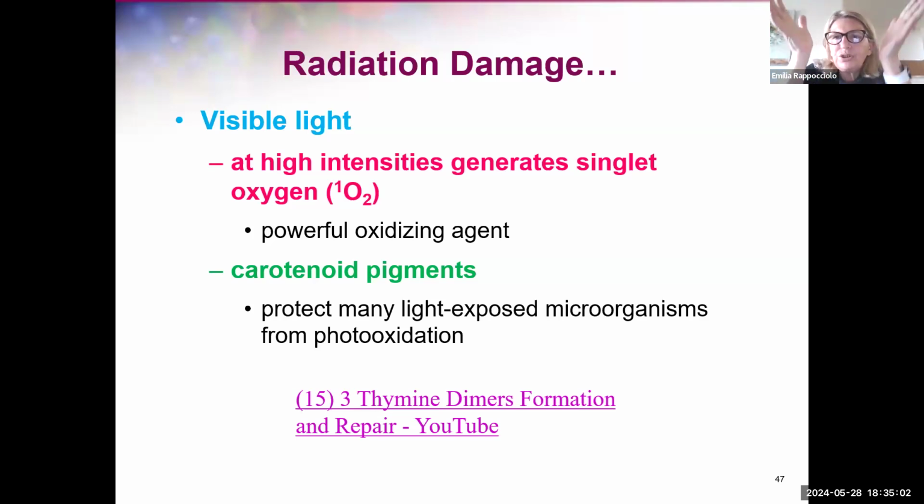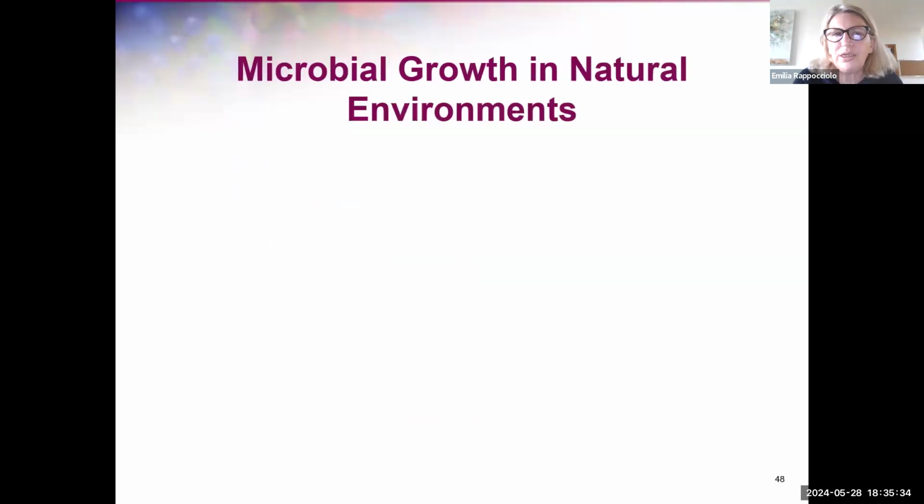But if there is too much light, that can damage. And so pigmentation helps. Pigments like carotenoids and other accessory pigments can help by absorbing a little bit of this light and making it less damaging. So this process of damage caused by too much light intensity is called photooxidation.